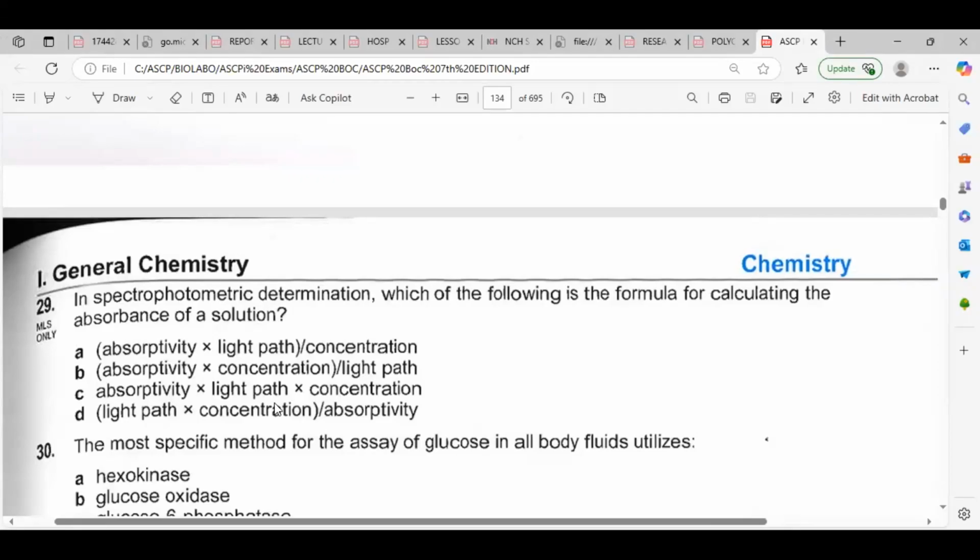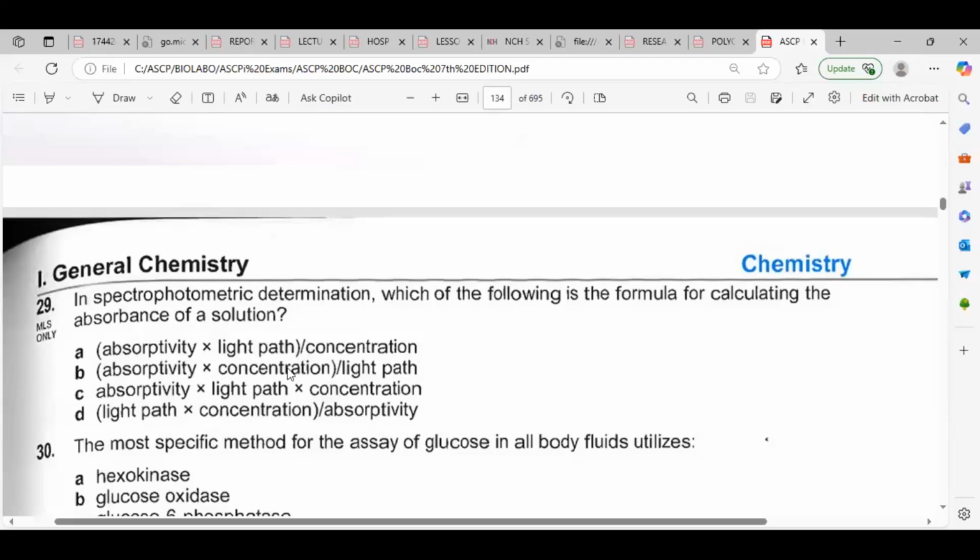What is the absorbance? Absorbance calculation in a spectrophotometer. What is the absorbance?